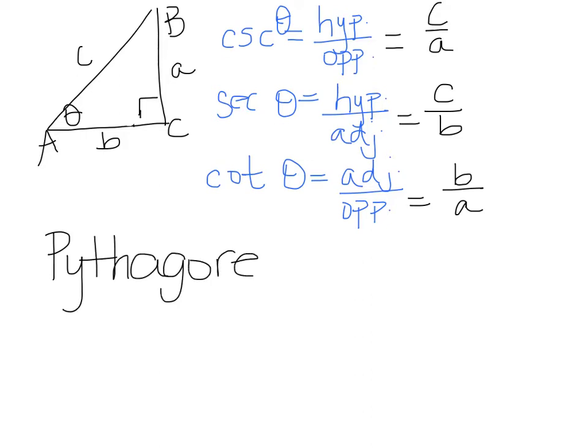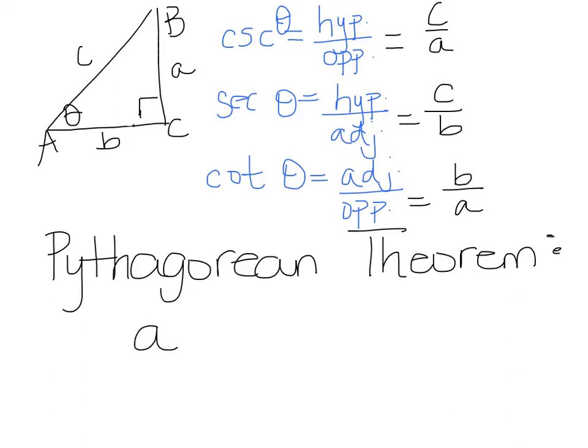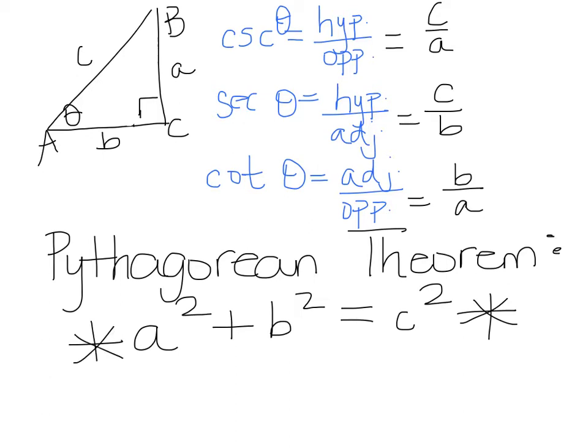I'm writing this real big. And if you remember, Pythagorean theorem is a squared plus b squared equals c squared. So use this theorem if you don't have the lengths of all three sides.